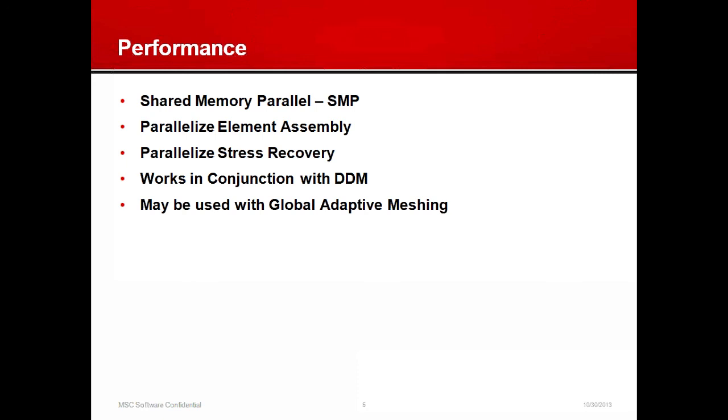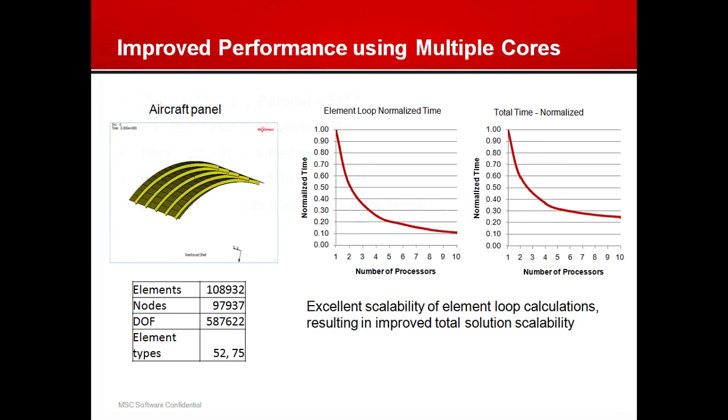It can be used in conjunction with domain decomposition for distributed memory parallelization, where you use domain decomposition to parallelize in big chunks, and then you use this technique to parallelize the element assembly and the stress recovery within each domain. One of the nice things about this capability is it can be used with almost everything that's in Marc, and most importantly, it can be used in conjunction with global adaptive meshing to parallelize those two portions.